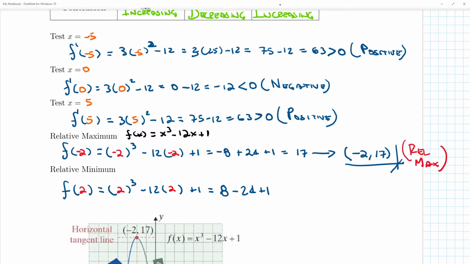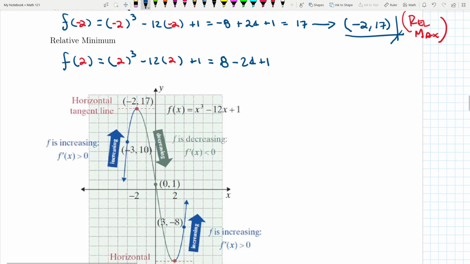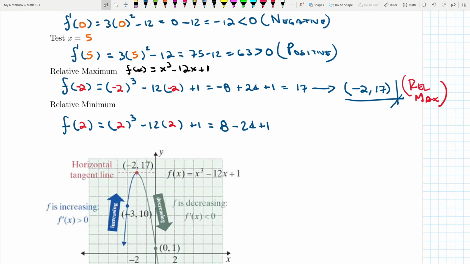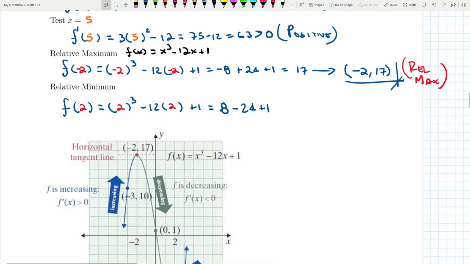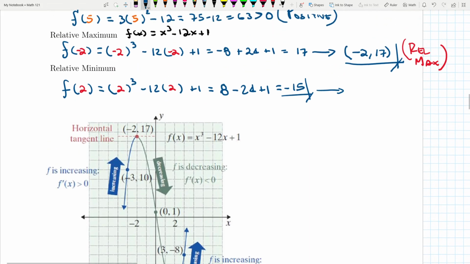Negative 16 plus 1 is negative 15. All right, so this means in ordered pair, the point 2 comma negative 15. Okay, so that's where the relative min is located.